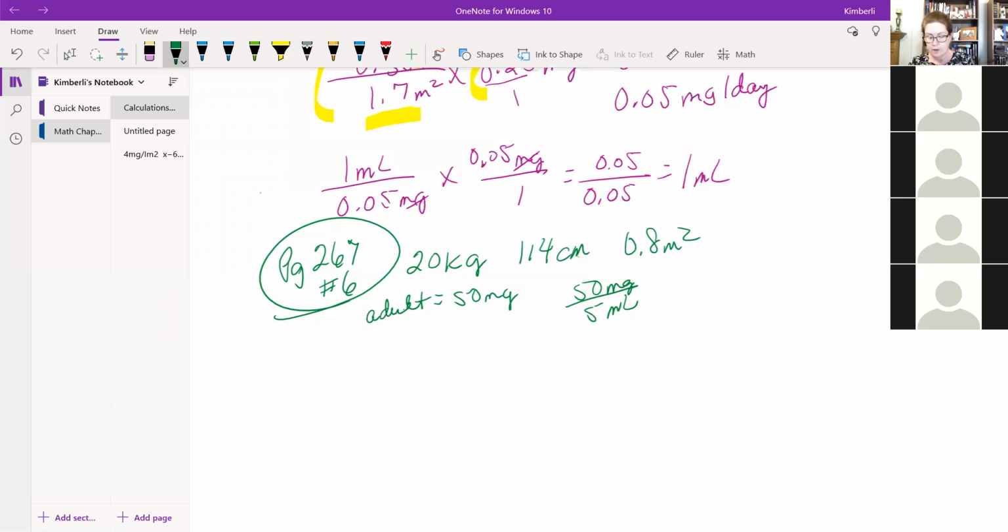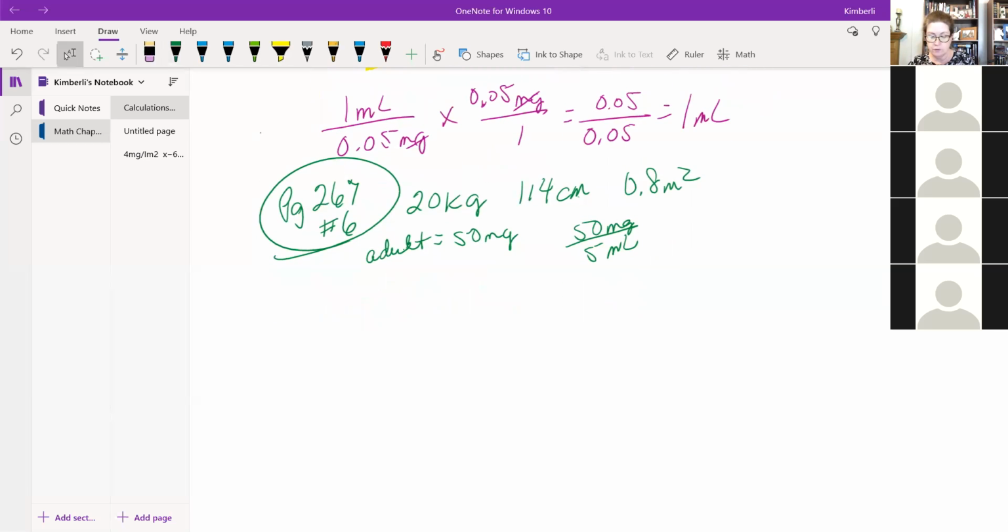And it does give you the BSA, so we should probably use the body surface area, right? Yes. Okay, so it does not tell you how many milligrams per meter squared. So we can only do the one where we divide it by the average adult BSA, right?